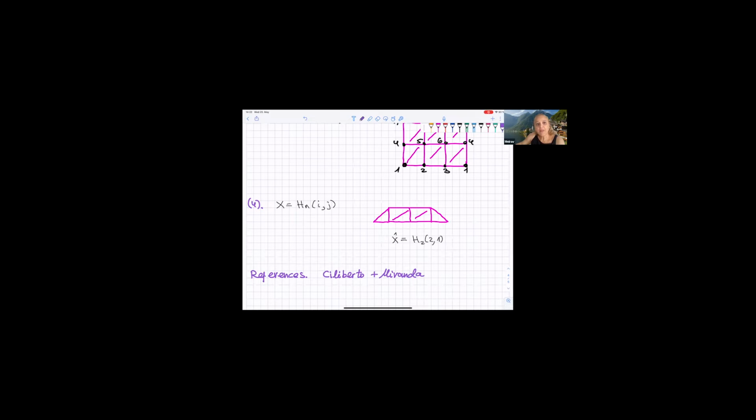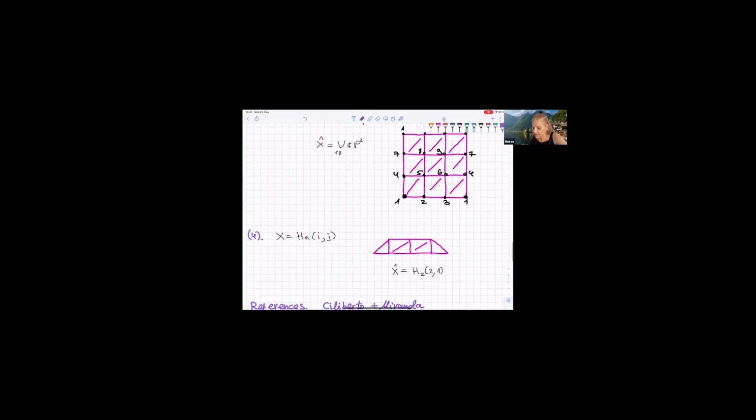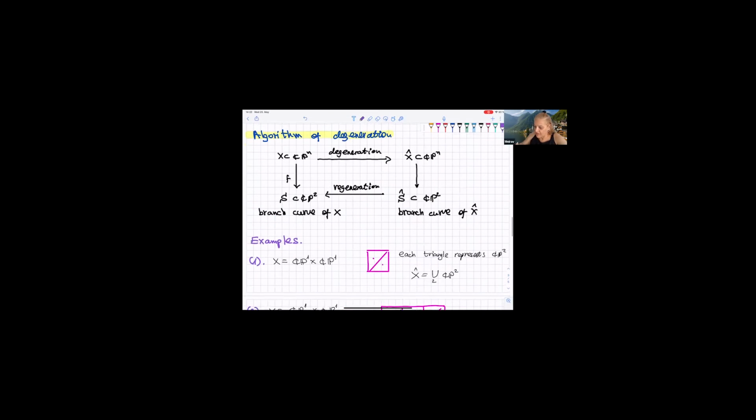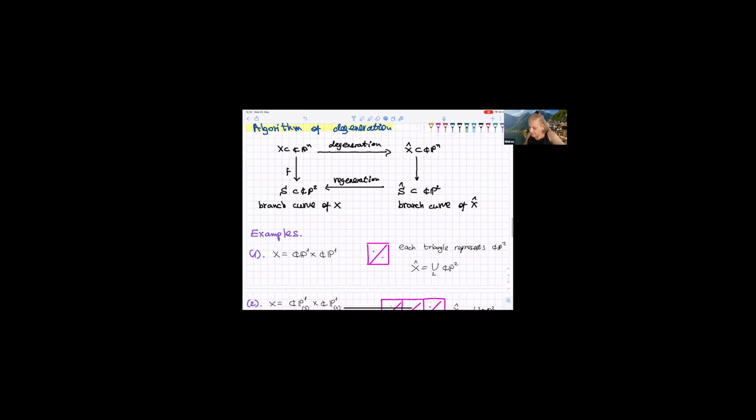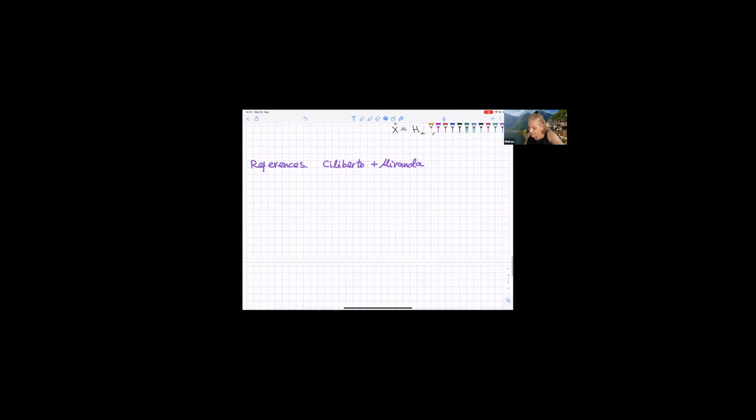Now, I would like to recall the diagram, the above diagram, and let me please copy it in order to save some time. So I copy this diagram. Let me put it here.